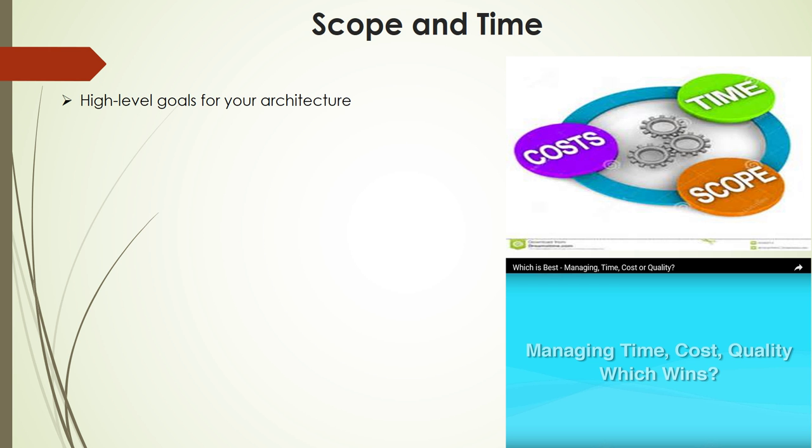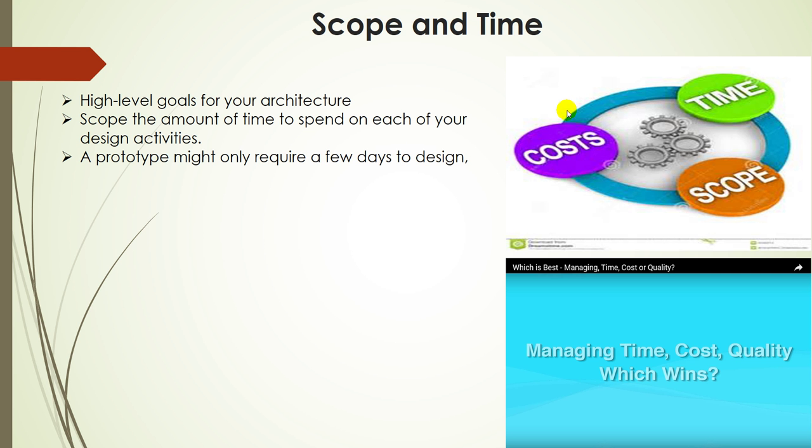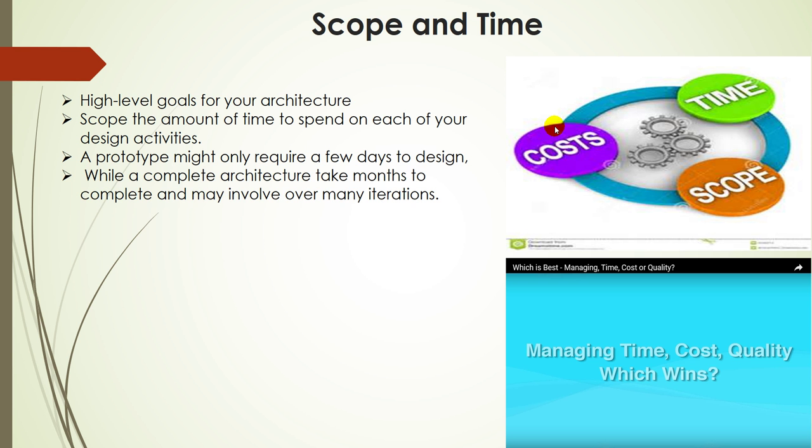For example, a prototype might only require a few days to design, while a complex and fully detailed architecture for a complex application could potentially take months to complete and may involve many design iterations.